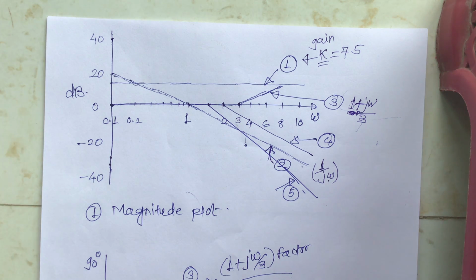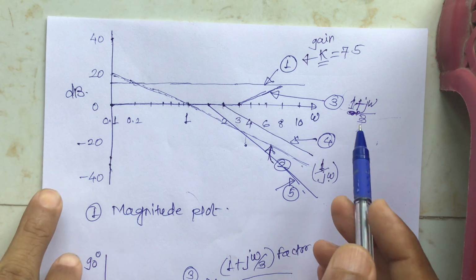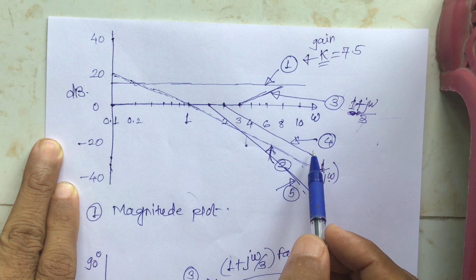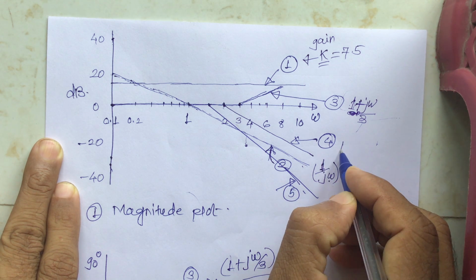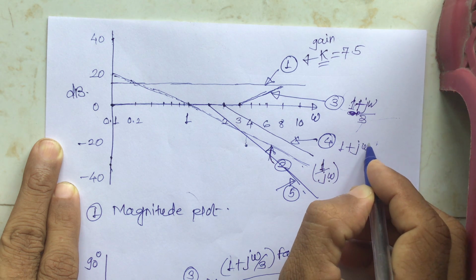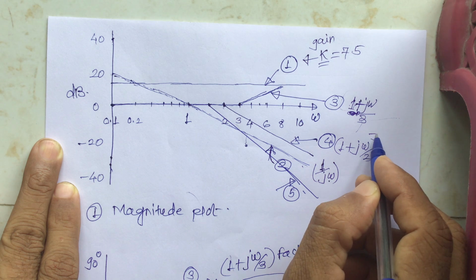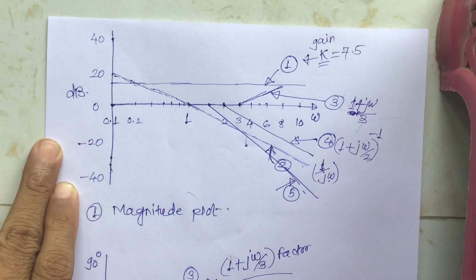This is the third factor, and the fourth factor is again 1 plus j omega by 2, raised to the power minus 1. This is the fourth factor.